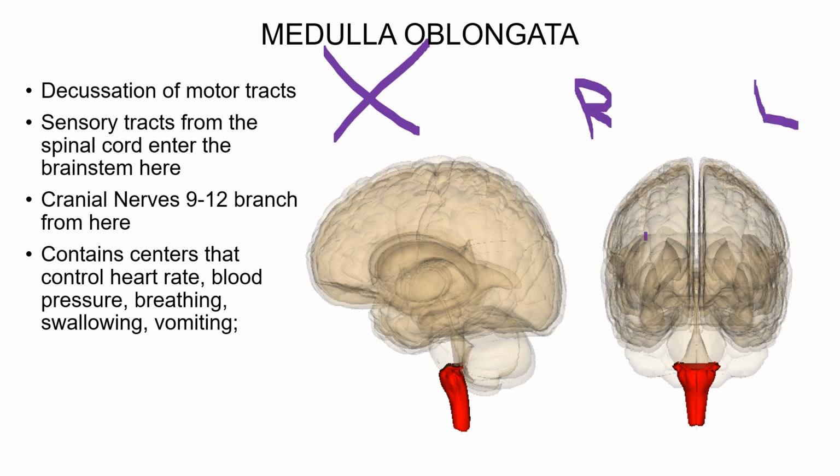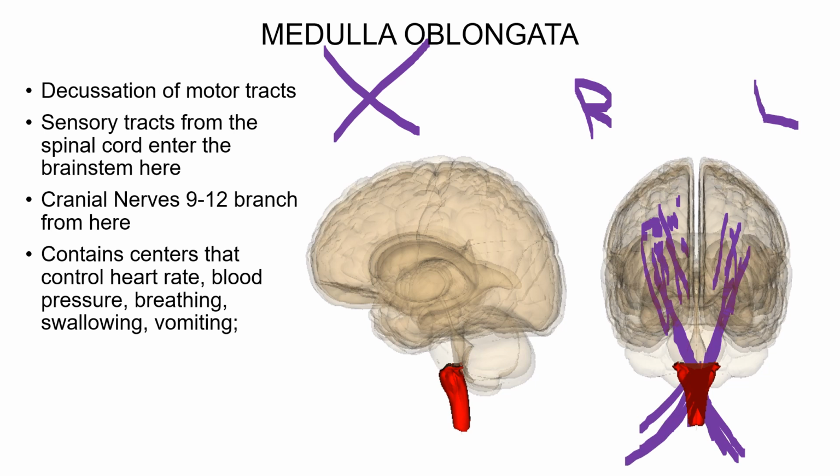All of those axons in this area, as they go down the brainstem and out to the spinal cord, to your arms and legs and torso and all your structures, your organs, make their way down like this, and at the medulla oblongata, they cross with all of the axons from the left side. So you get this big X of these motor tracts.